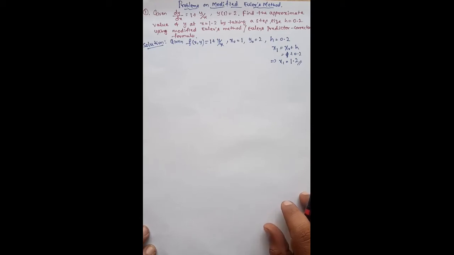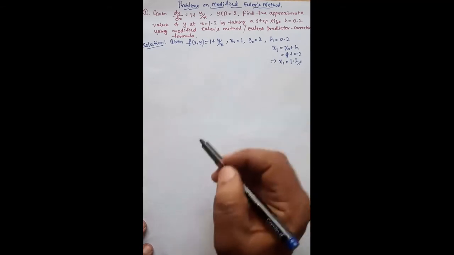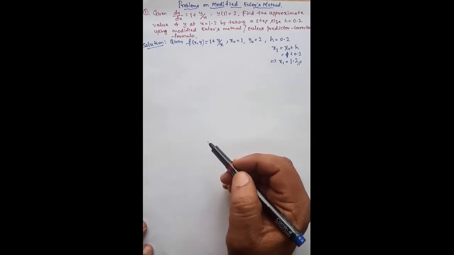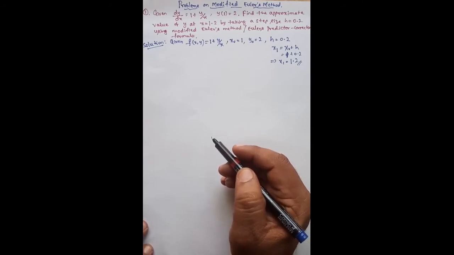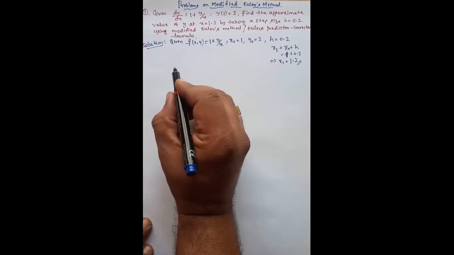Now according to the working rule, after writing the given data, the first step is to calculate the initial approximation using Euler's formula. So let us find the initial approximation now.